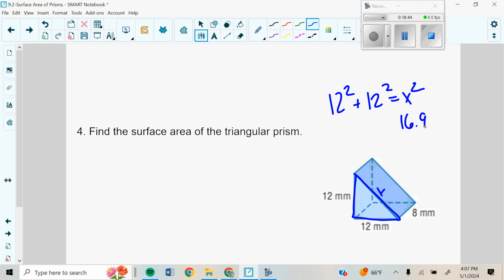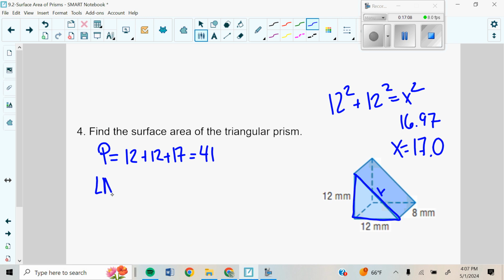So let's go ahead and round x up to 17. I'm just going to put a 0 behind it so in my notes I know that that's a rounded answer. All right, so for perimeter, we add up 12 plus 12 plus 17, and we get a perimeter of 41.